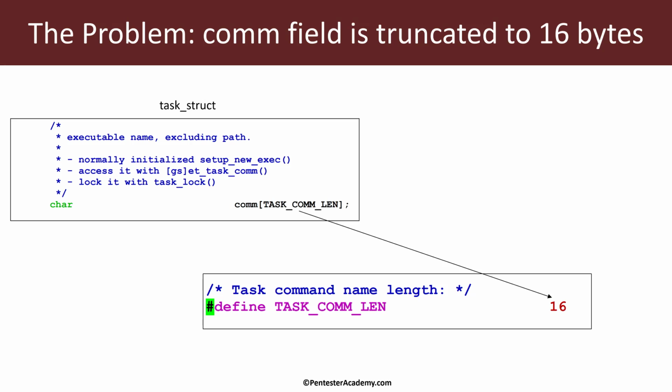What we've seen so far in previous videos is that the task struct, which internally represents the process, or rather the thread, has the comm member in it, and the comm member unfortunately has a size limitation of around 16 bytes. So when we try to print out this field, most of the time it ends up getting truncated, and hence we aren't able to get the executable name most of the time, right?